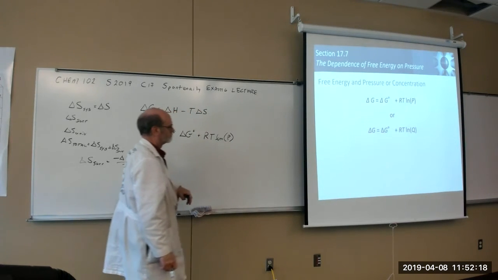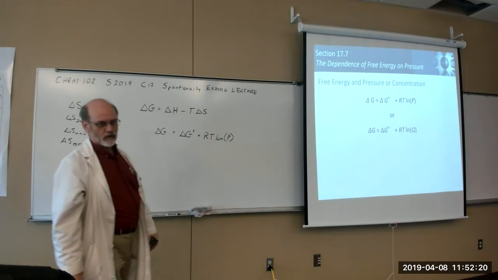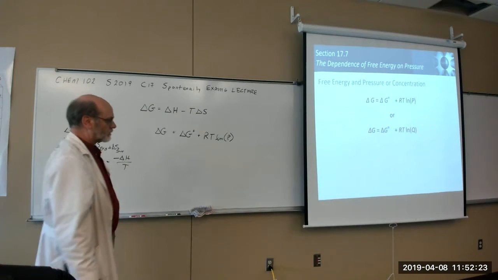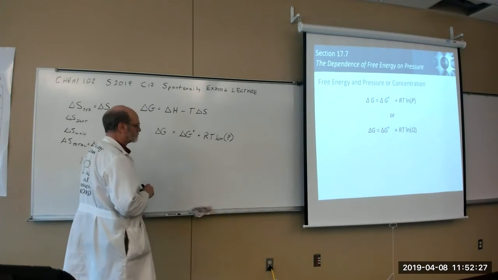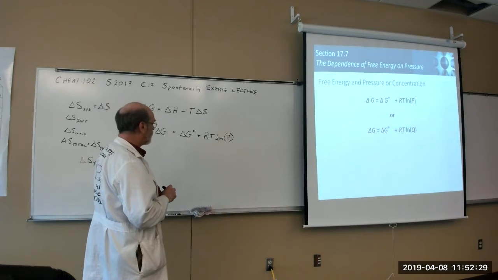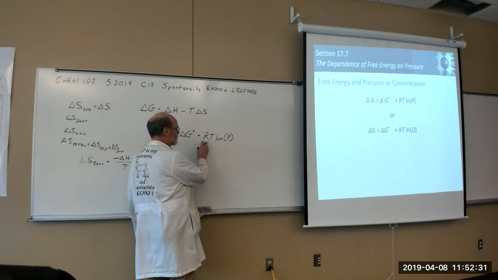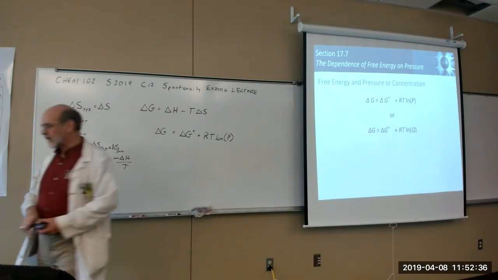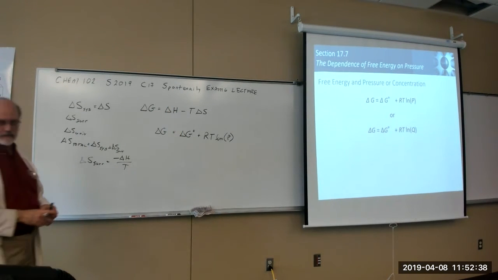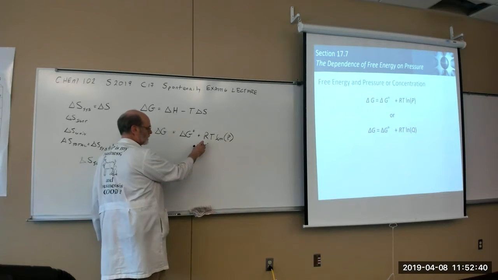That's the natural log. Yes, natural log. Is that the same R value as before? This is the one that has joules in it, 8.3145. Yes, right. That's the one with joules in it.